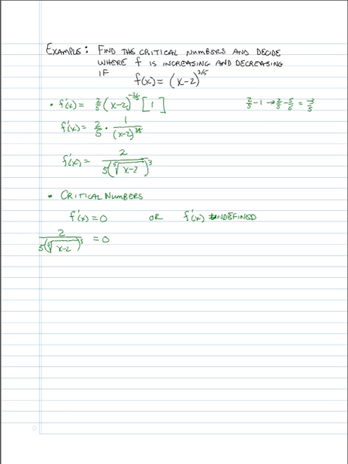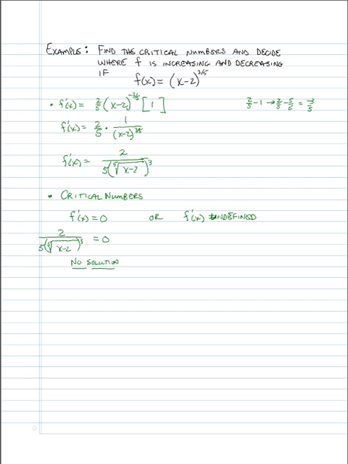But we'd really need to be a little more adept than this, because no matter what we put in for x, we could get a 0 in the denominator. But if we put anything besides 2 in for x, we're just going to have a number in the denominator, and 2 over a number is never 0. So there's no solution to this. There's no x value for which the derivative is 0.